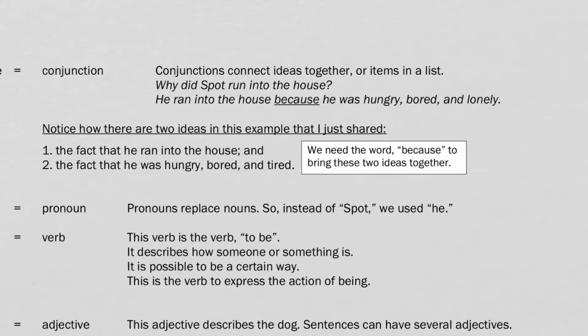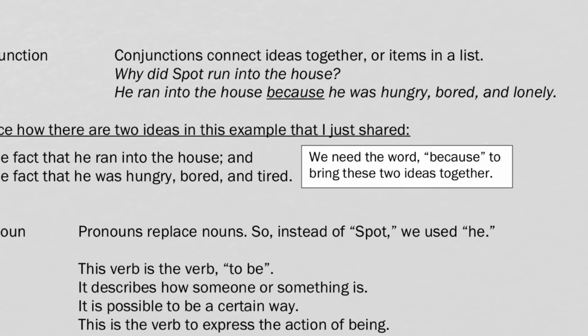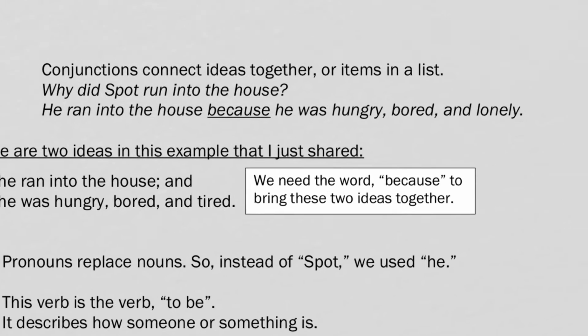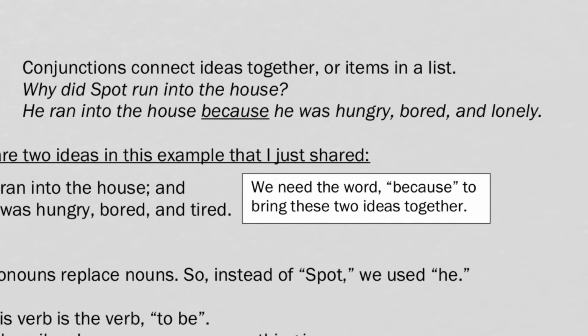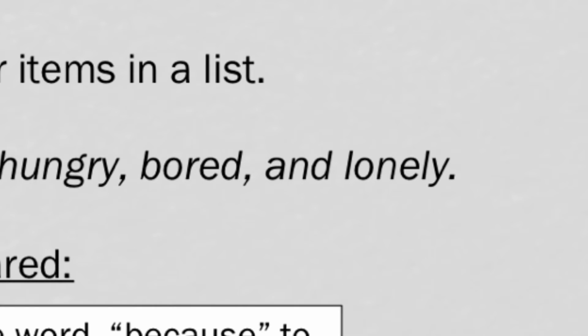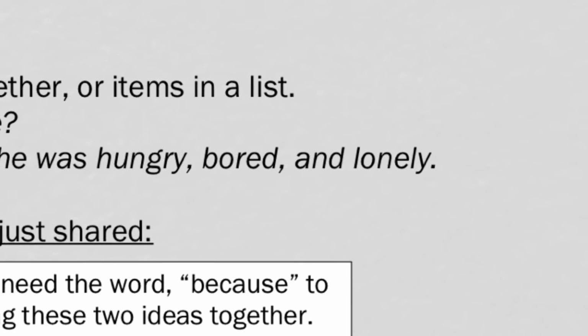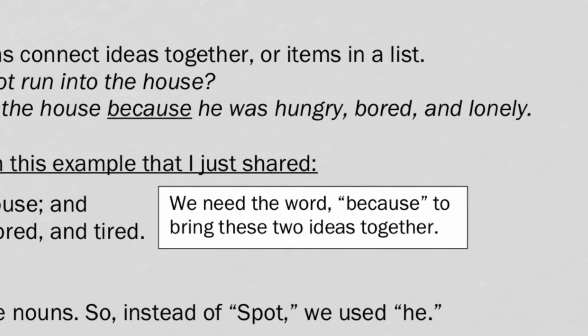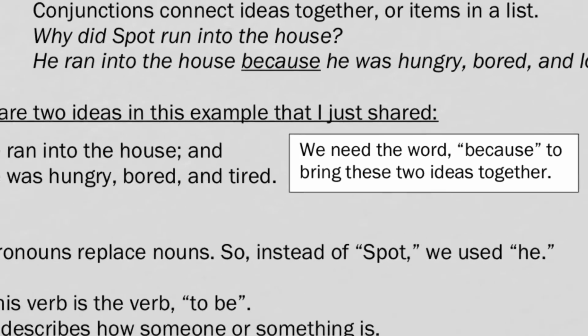We could say, why did Spot run into the house? He ran into the house because he was hungry, bored, and lonely. So, because is a conjunction, and then the word here, and, is a conjunction too. You notice we have a list of ways that Spot is being described, right? Hungry, comma, bored, comma, and lonely. Okay?